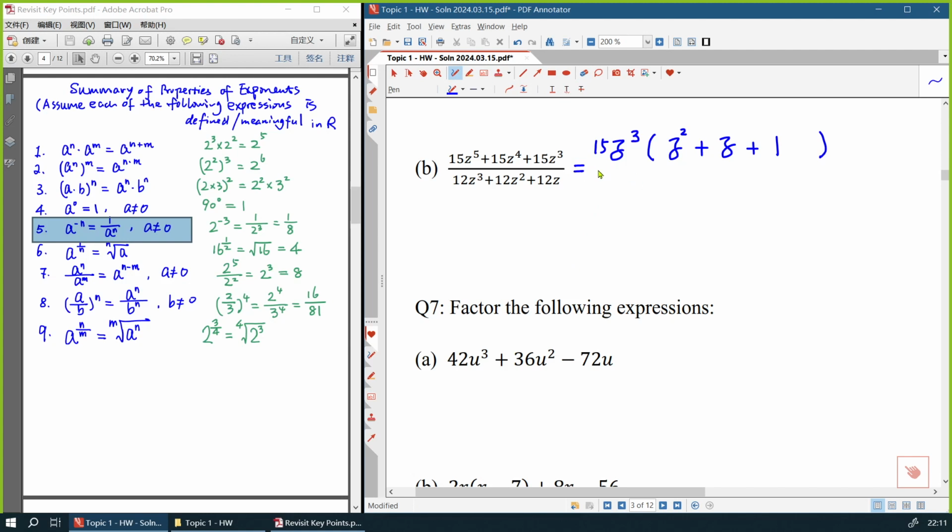Yeah. And can you do the same thing for the denominator? Can you also factorize that? So what should you write in the factored form, Sunny?